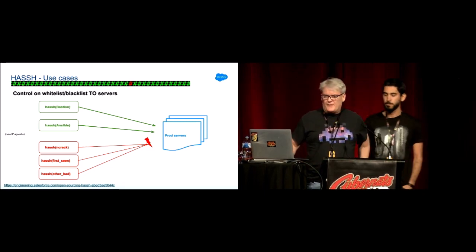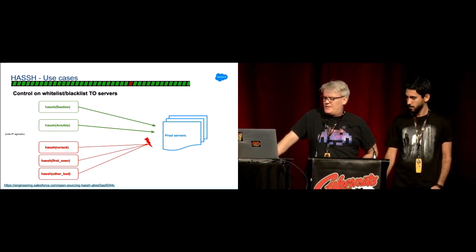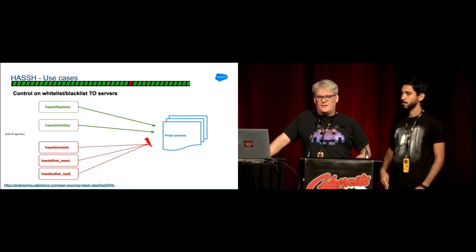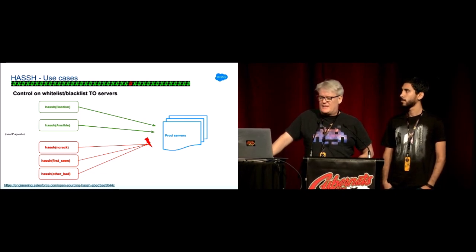Just a couple of other ideas about how HASSH can be used, potentially. If you have your production servers and a relatively controlled environment, then you could potentially hash the client that your bastion server uses.